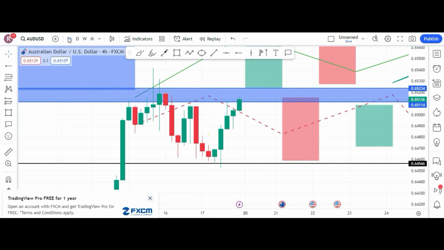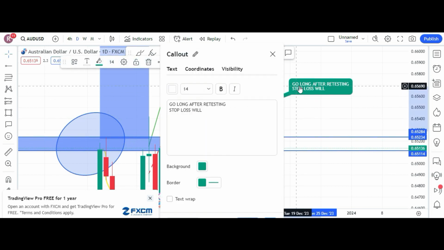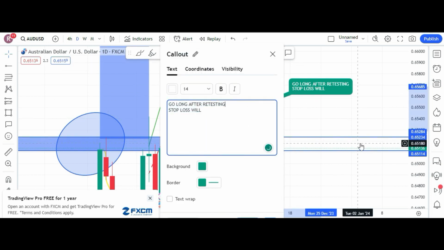Okay, let's do it in a more formal way. My thinking, if it retests, it will come somewhere here, 0.65128.